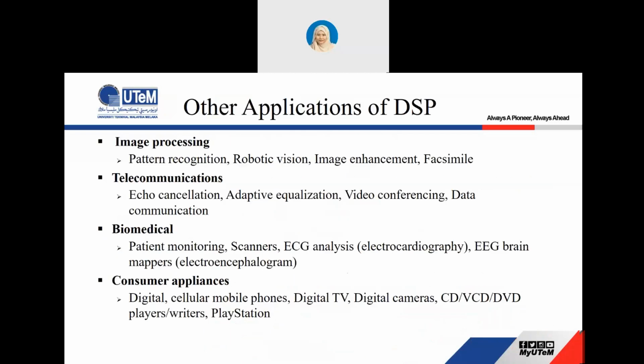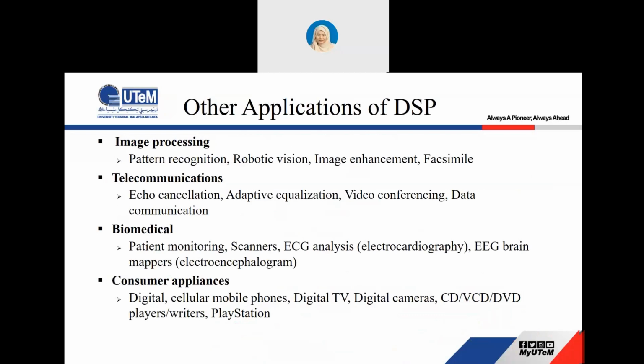And then other applications of DSP are also for image processing, such as pattern recognition, robotics, image enhancement. In telecommunication, for equalization, for echo cancellation, for video conferencing, for data communication. In biomedical, it is for patient monitoring, for ECG analysis, which is heart signals.